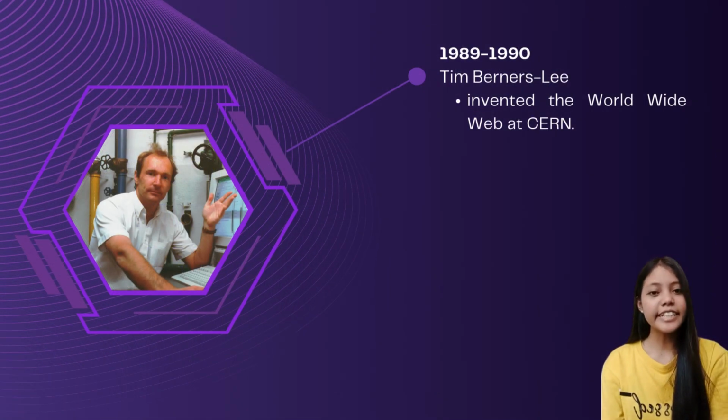In 1989, Tim Berners-Lee, a British scientist working at CERN, a European organization for nuclear research in Switzerland, came up with the idea of creating a system that would allow researchers to easily share and access information using computers. At that time, information was stored on different computers and there was no simple way to connect them.